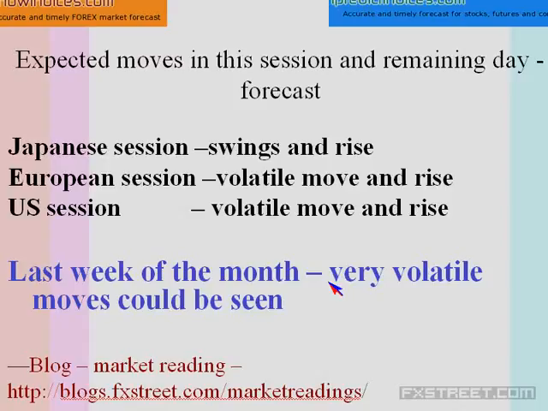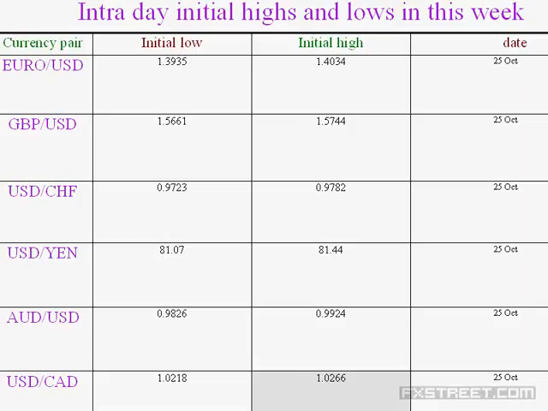And this being the last week of the month, you could come across very volatile moves, more on the upside and less on the downside. So trade carefully, don't become emotional, try to control your emotions, and view the market volatility as a quick trading opportunity and try to earn out of that.